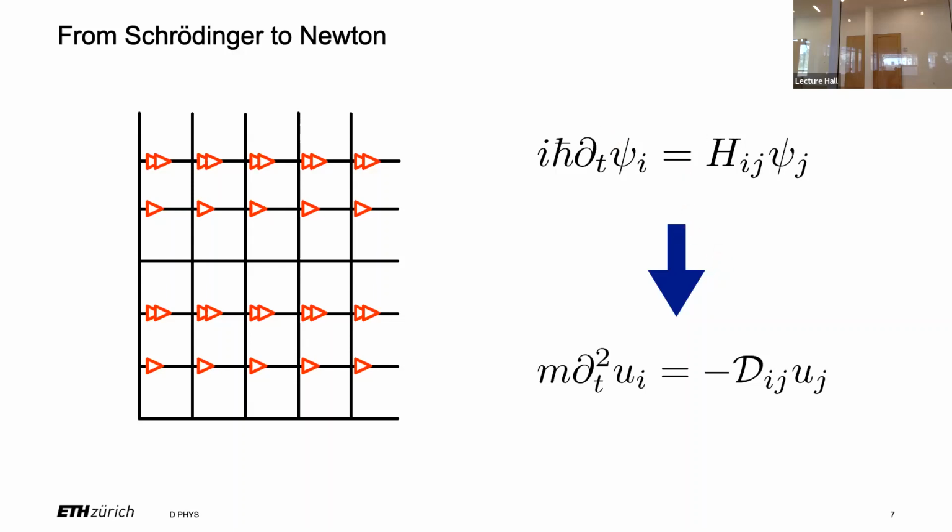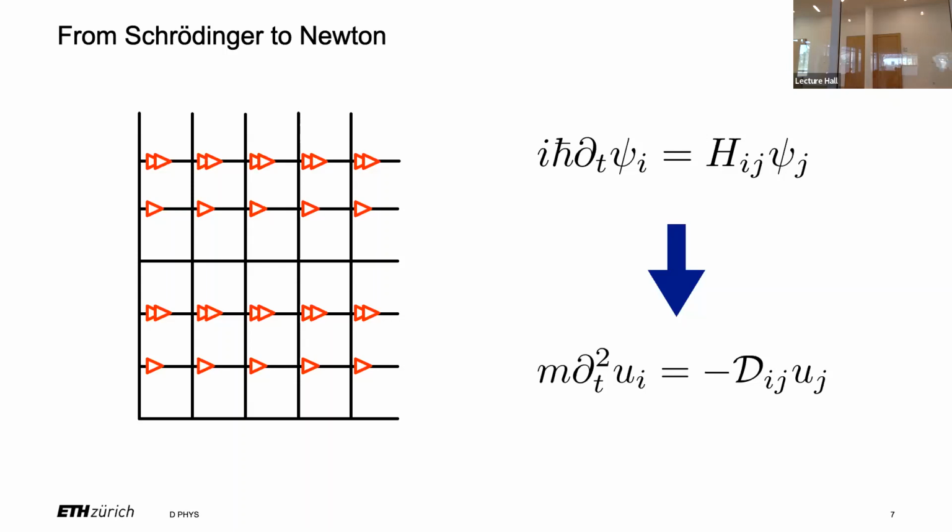Now, if I just replace the psi with some displacement field u and my H with a dynamical matrix D_ij, which is just masses and springs connected, this D_ij tells me how one u_i is connected to another u_j with a spring in between.